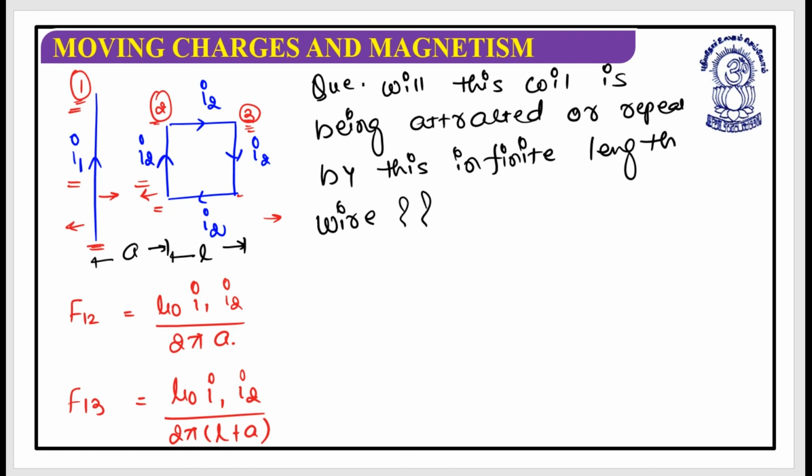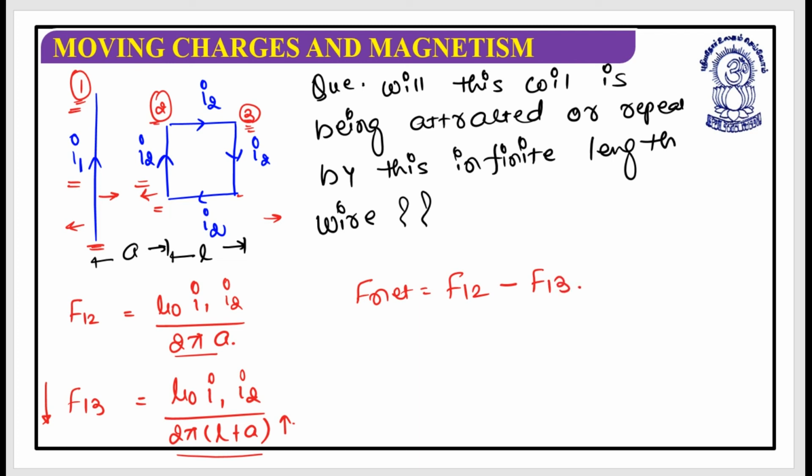Now which of these two forces is dominating? This distance is a, giving 2 pi a, and this distance is L plus a, giving 2 pi (L plus a). As the distance is higher in this one, the force will be lower. So F net will be equal to F12 minus F13.